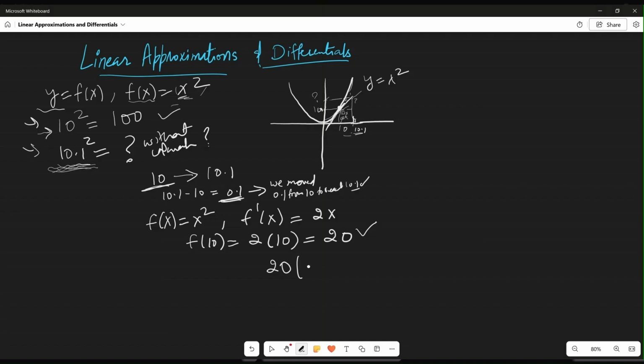So you multiply the rate of change by dx, and this is what gives us dy.